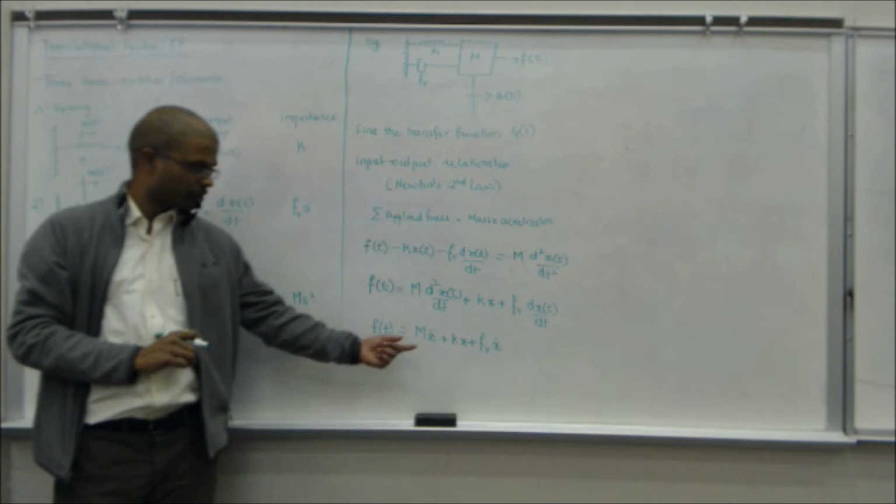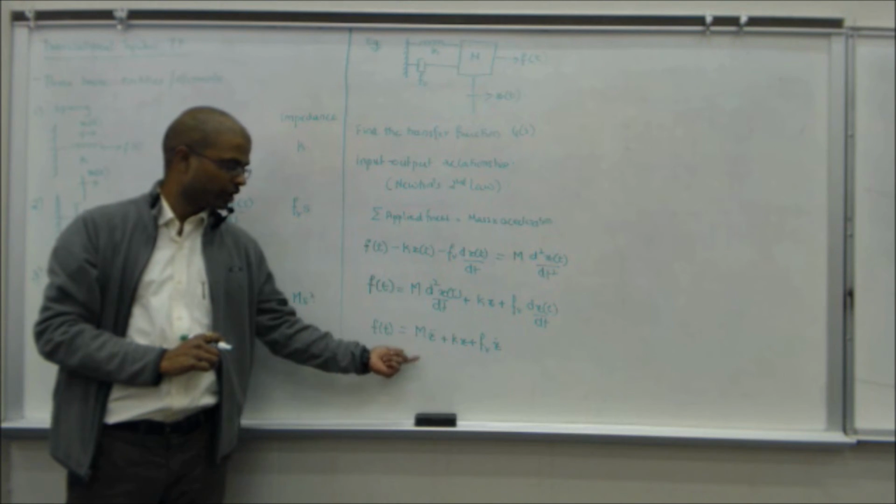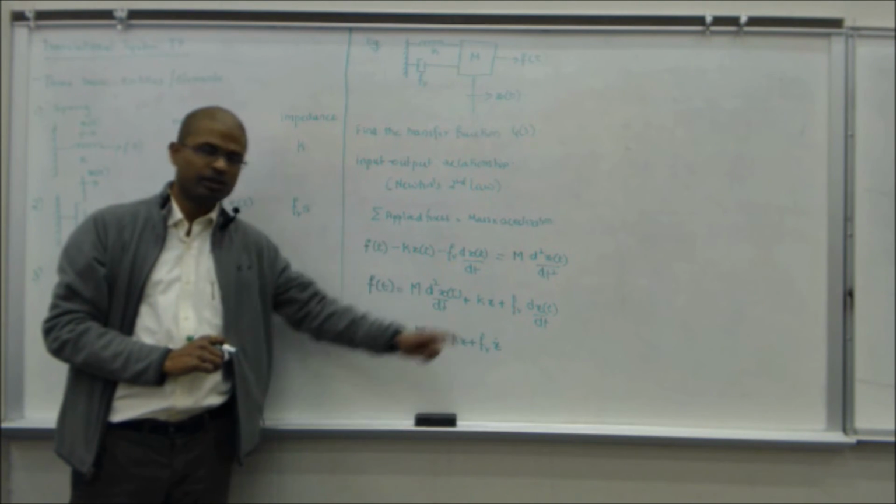You must have come across this quite a bit in your dynamics courses. So this is how you get m x double dot plus kx plus fv x dot.